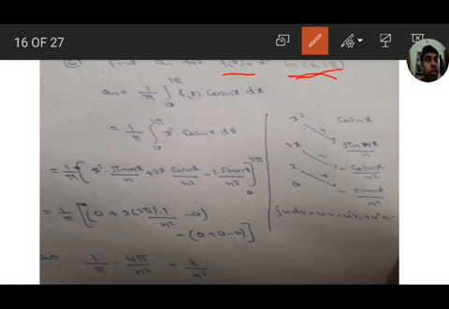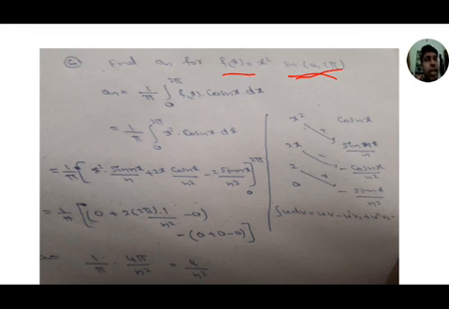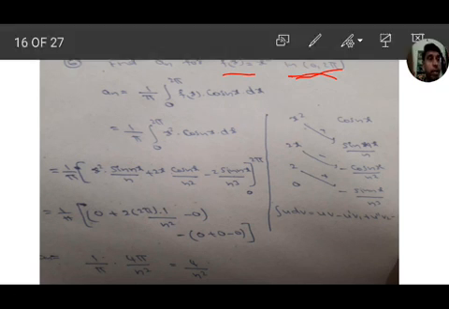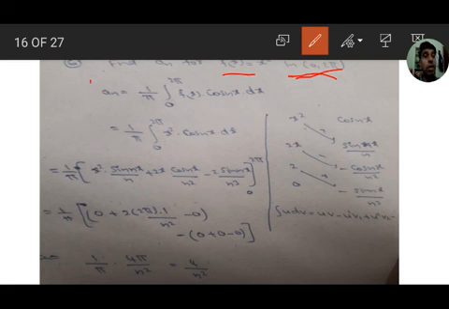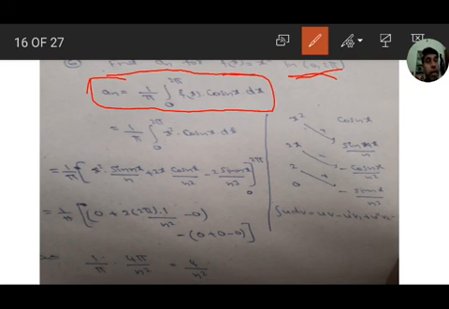An formula is 1 by pi into integration 0 to 2 pi f of x into cos nx dx, and f of x value is x square. So 1 by pi integration 0 to 2 pi x square into cos nx dx.